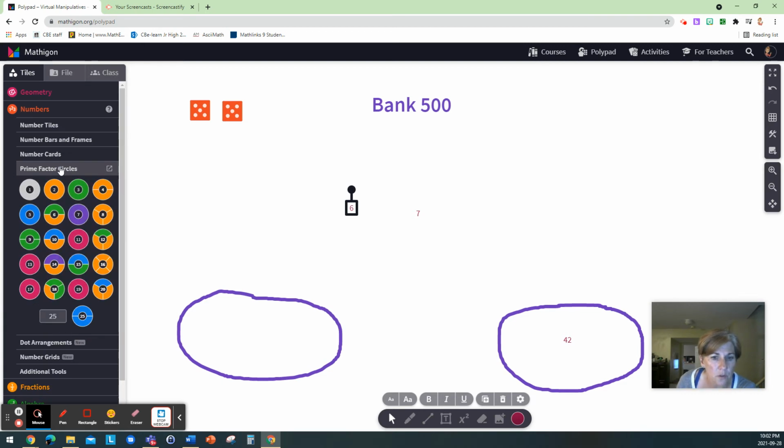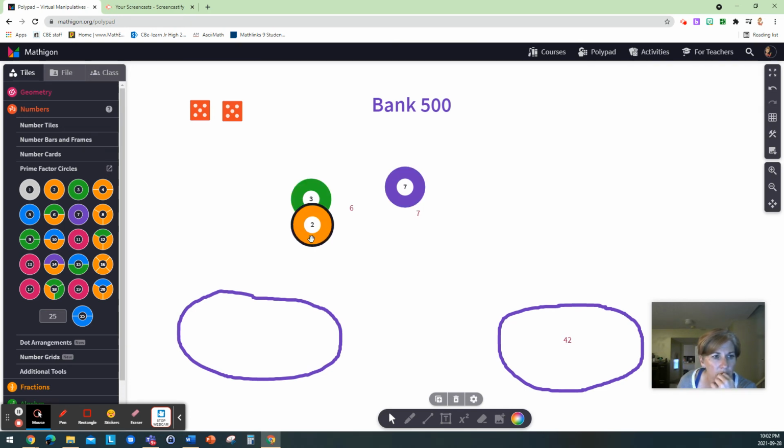So if your student is struggling, you can say, okay, 6 times 7. I notice 2 is a factor of 6, so you can split them into their factors like this and say, I know what 3 times 7 is. 3 times 7 is 21.